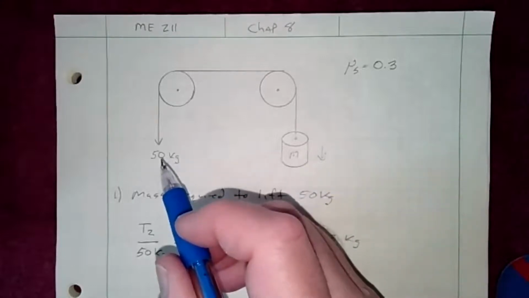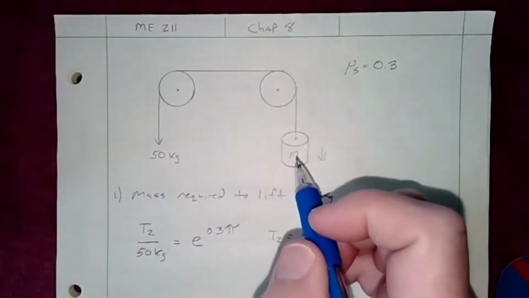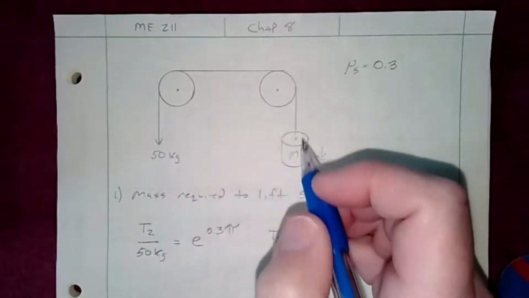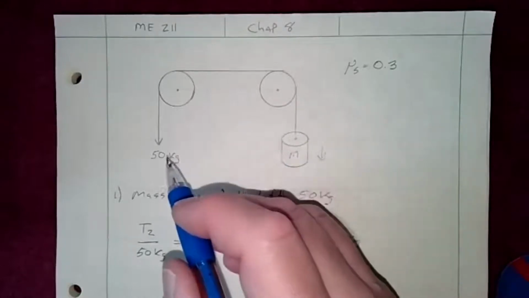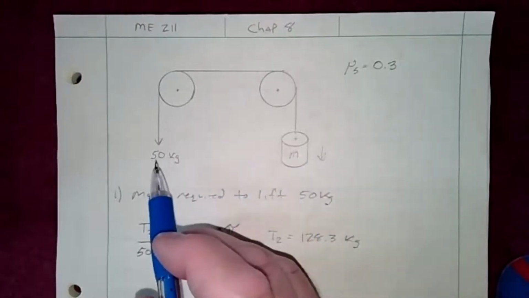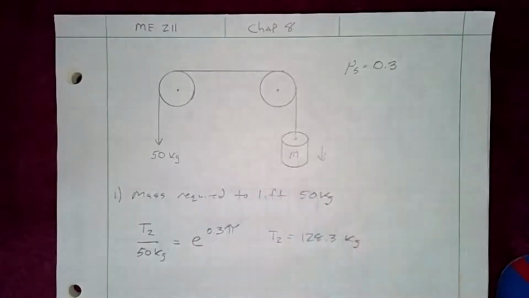If you just wanted the person to dangle there, how much would you need? In this case, friction's working with you because you're trying to prevent this from moving down. Before we were trying to move this way, so friction was working against us. So friction's working for us, then we switch. This becomes T2. This is T1, right?